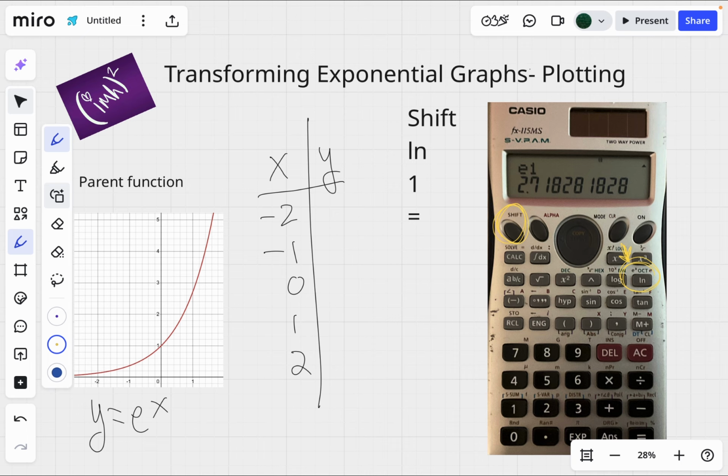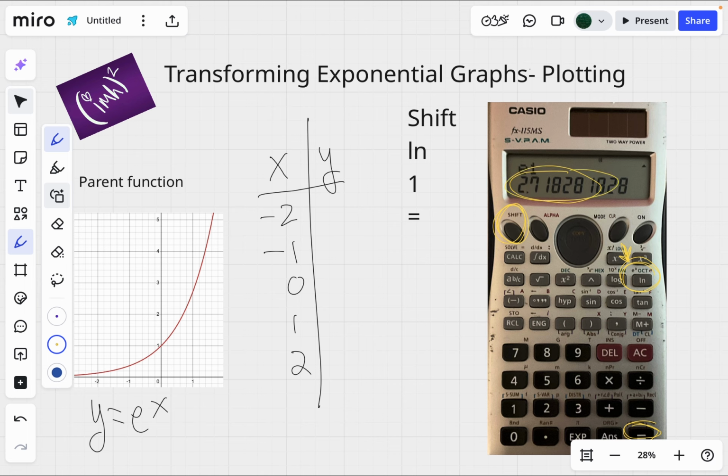So if I hit shift and then ln, so that it shows me e, then I just type 1. You only have to type 1 because the calculator is doing e to the x for you. So you don't have to do the caret, and there's no box here. There are other calculators that will put a box in the top right-hand corner for you, and then you just put your power. Once I'm done, I hit my equal sign, and then it's going to pop out this number right here, which is the estimate.